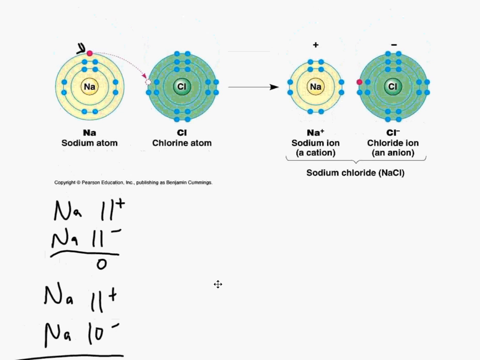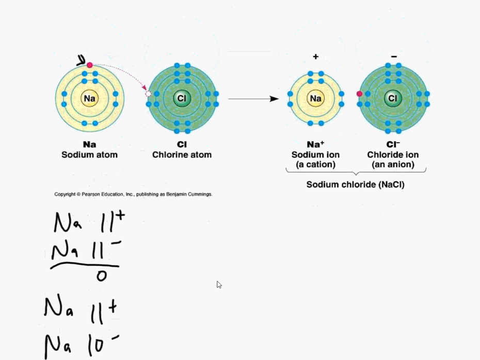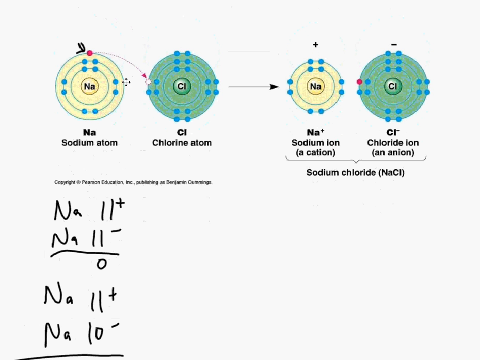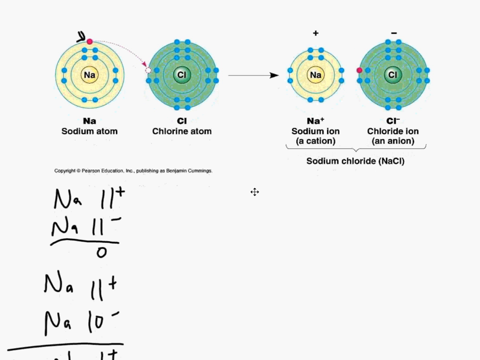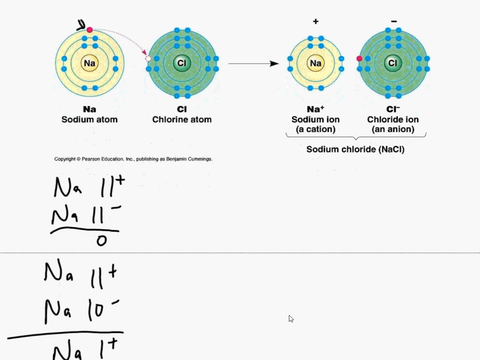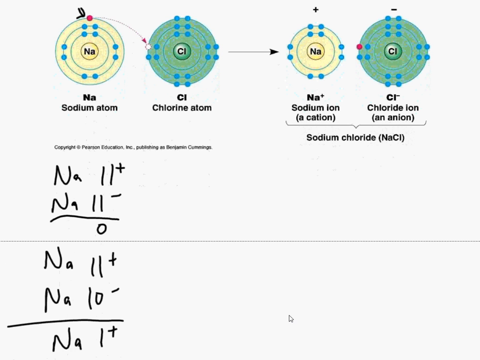Look at chlorine. Chlorine's the opposite. It has an empty spot in its valence shell. All right, so normally chlorine has 17 protons, 17 electrons with no charge.